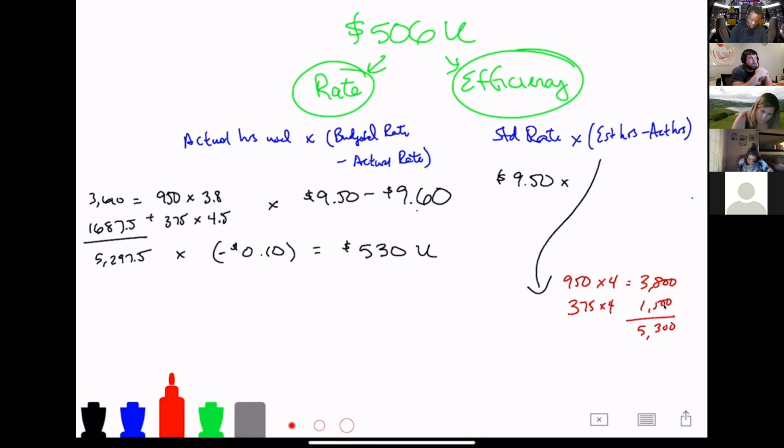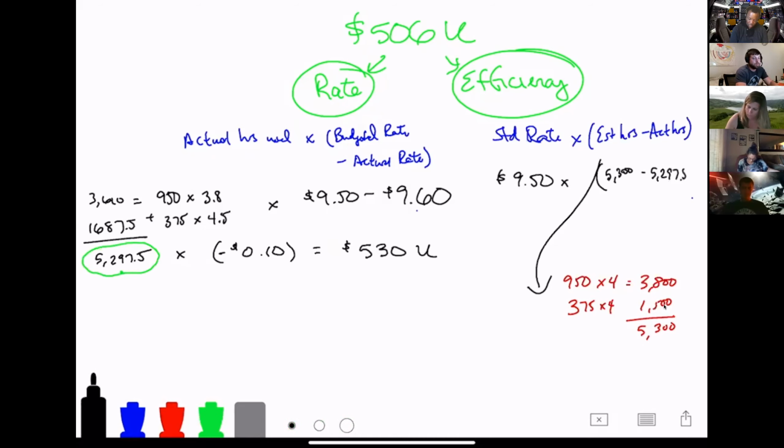So our estimated hours is 5,300, but we actually spent, we already did that math over here, 5,297.5. So we spent 2.5 fewer hours.